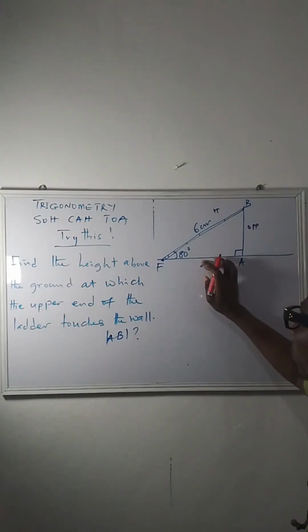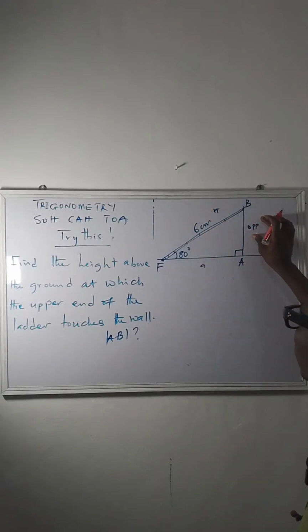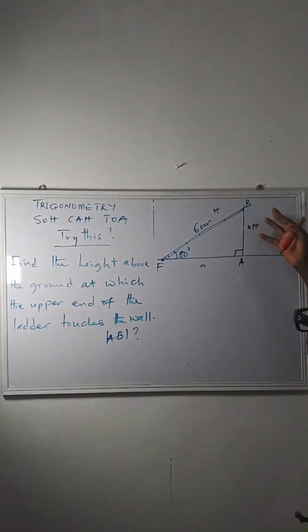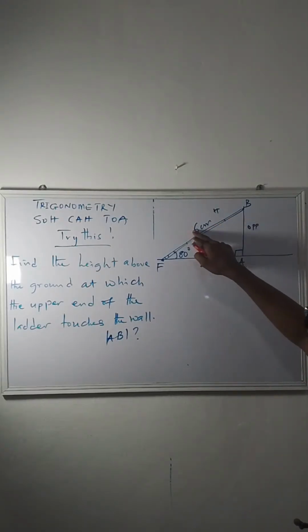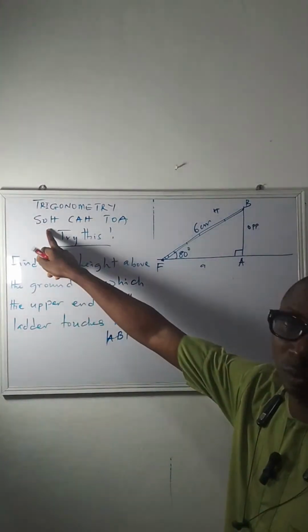To be on the safer side, always work with what is given in the question. You can still consider opposite and adjacent and get the correct answer, but it's always safer to connect opposite and hypotenuse.